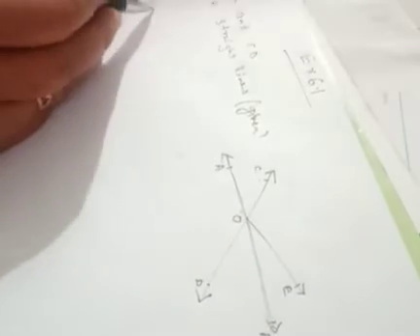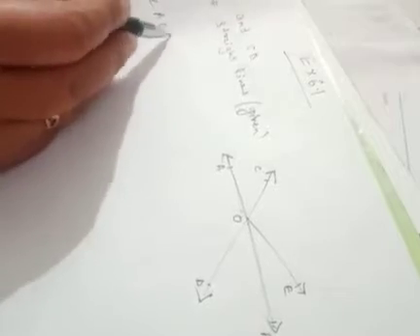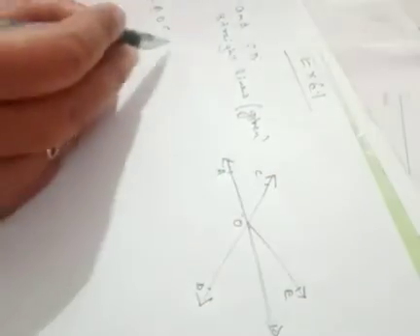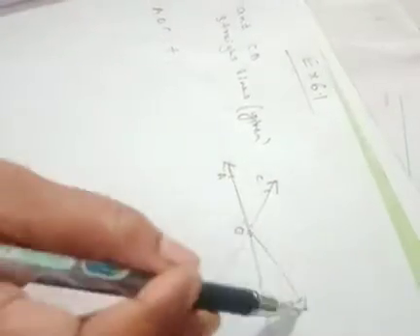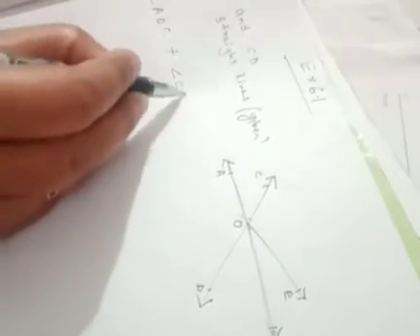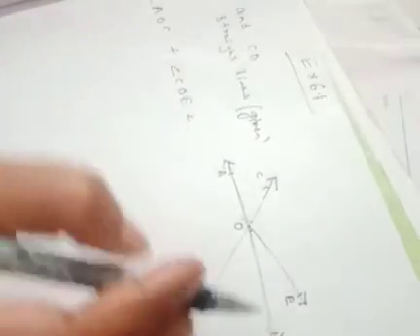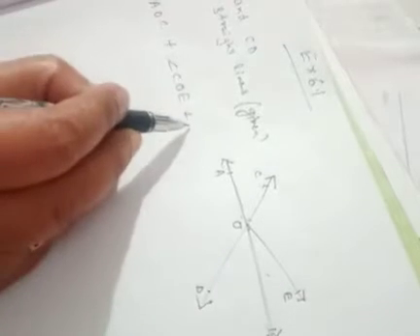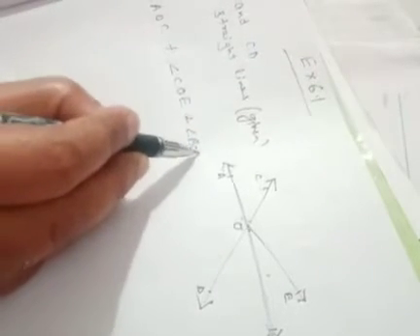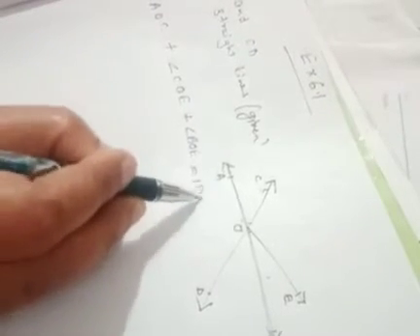So let's write angle AOC plus angle COE plus angle BOE is equal to 180 degrees.